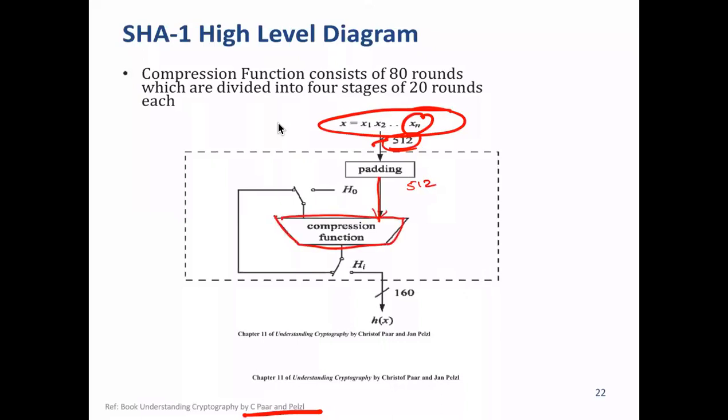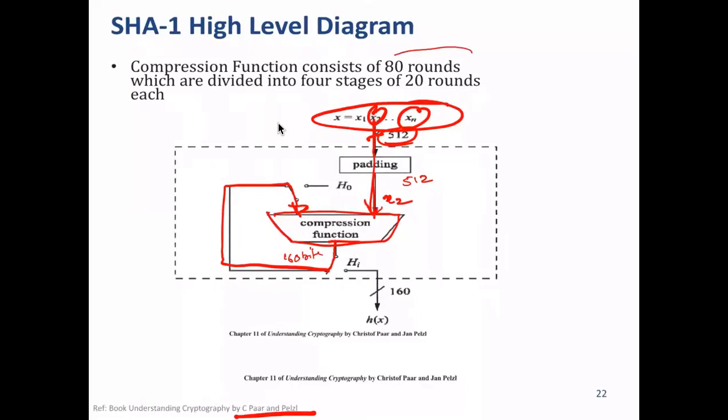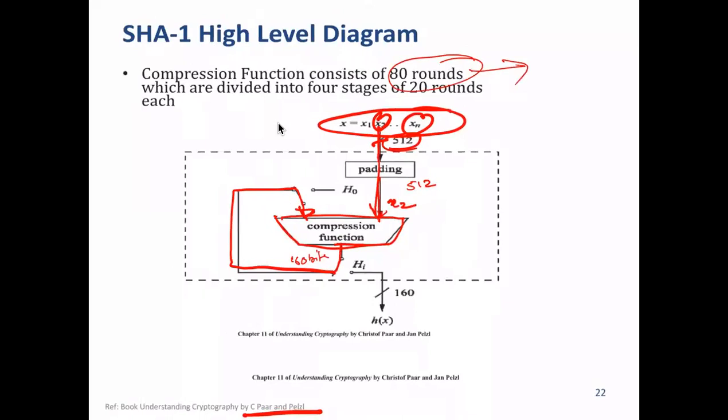After compression you get an output of 160 bits, and then use this as an input to the second round. Now, instead of x1, x2 is the input, then use this previous output and compress, and do this for 80 rounds. Okay, so this is one way.